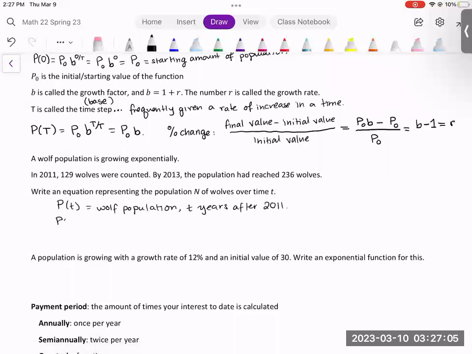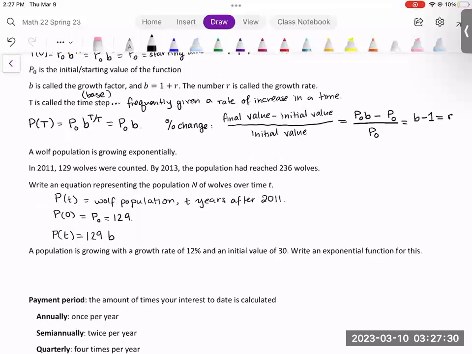So that means that our population at time 0, which is our P naught, is equal to 129. So we can write P of t then is equal to 129 times b to the time.